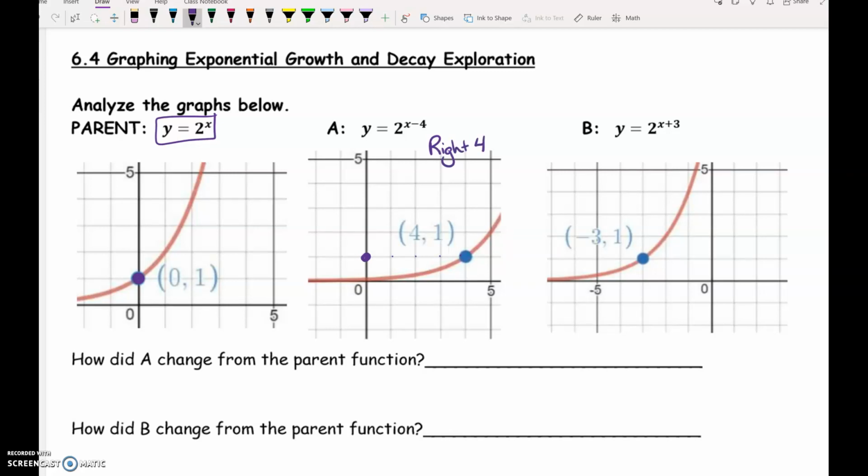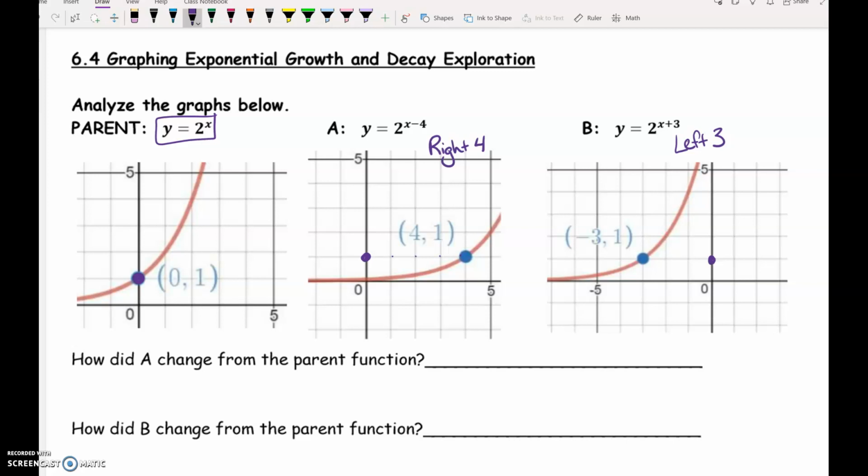This shouldn't be too surprising because every single function that we have looked at so far, any number with the x is opposite of what you would expect, and it moves the graph left or right. So left is plus, minus is right. And so notice in example B, instead of that point being at 0, 1, it's now at -3, 1, because the +3 moved this graph left 3.